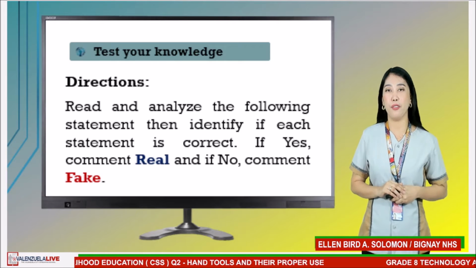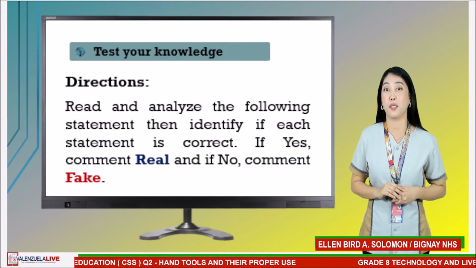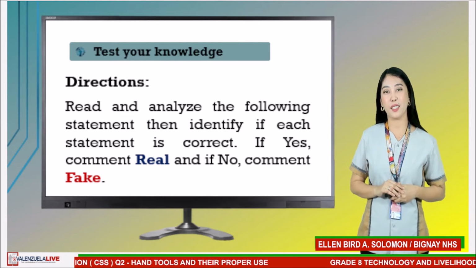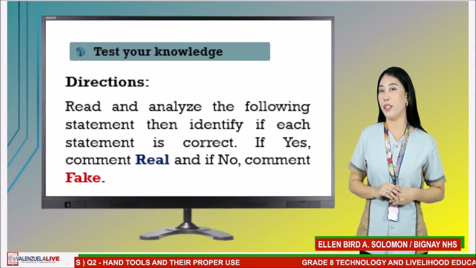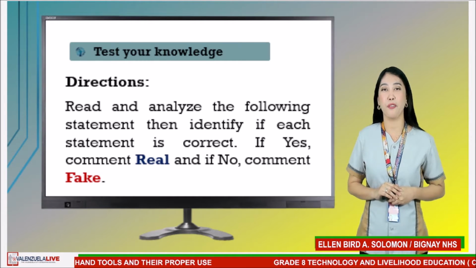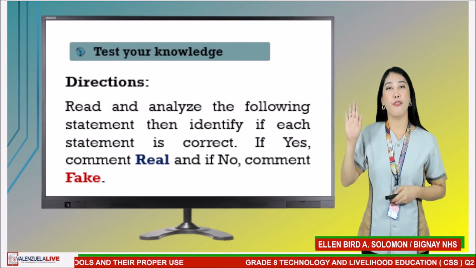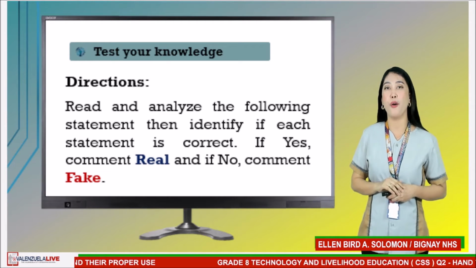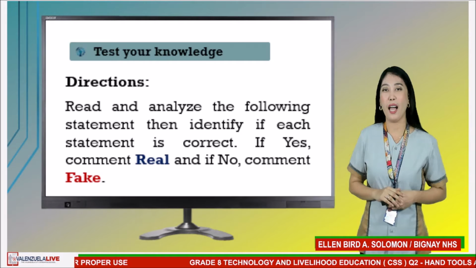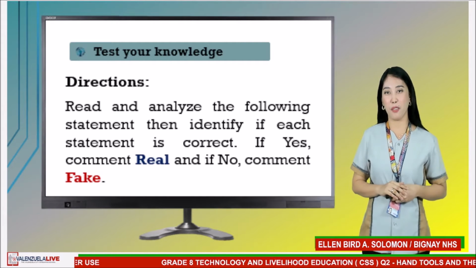Then you identify if each statement is correct. If yes, comment real. And if no, comment fake. You have 5 seconds to answer for each number. Allow me to read each statement for you.